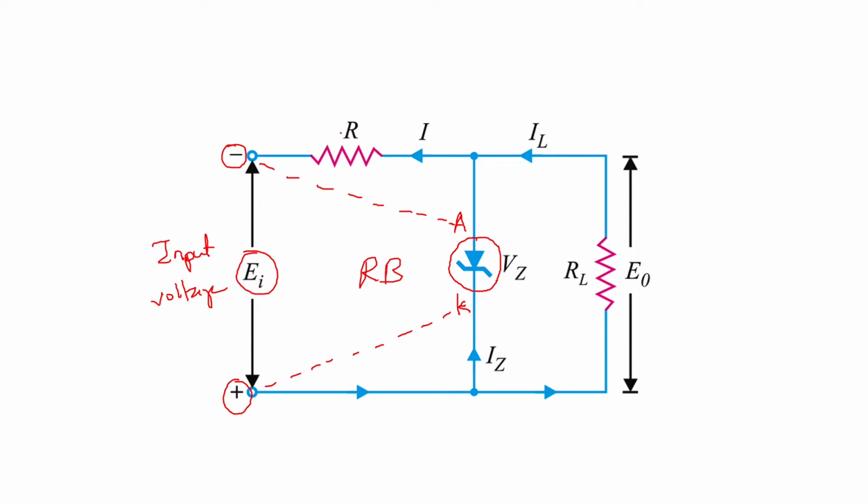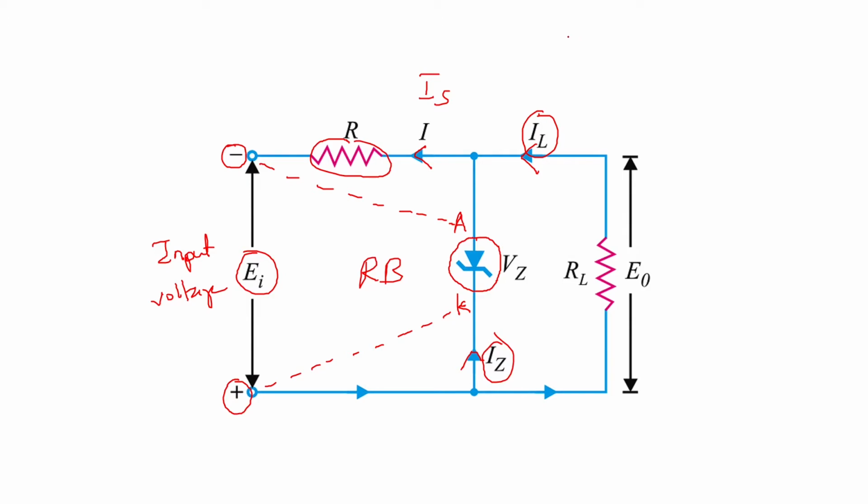Here you will be having a protective resistor R, and here you can show the directions of the current. Because we have inverted the position of the Zener, this is your main current I, which can also be called IS, the source current. This will be your load current IL, and this will be your Zener current IZ.